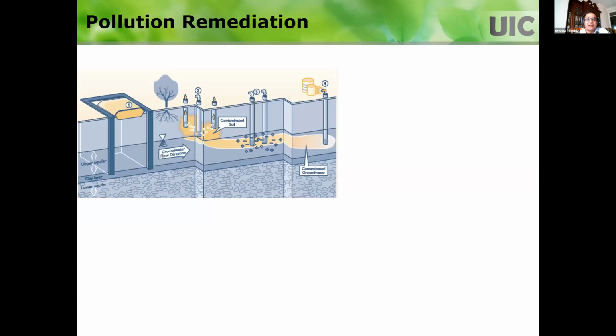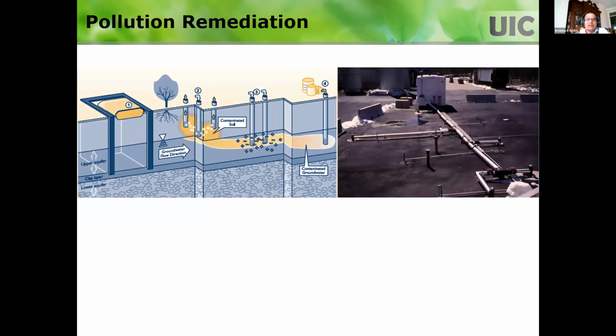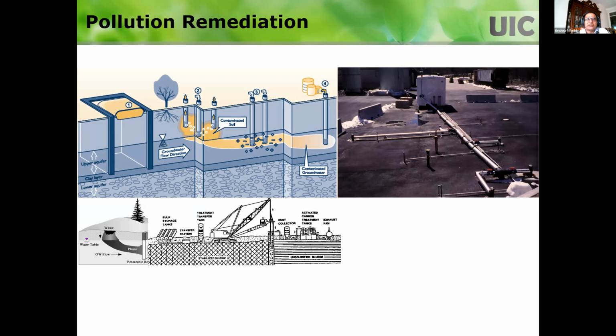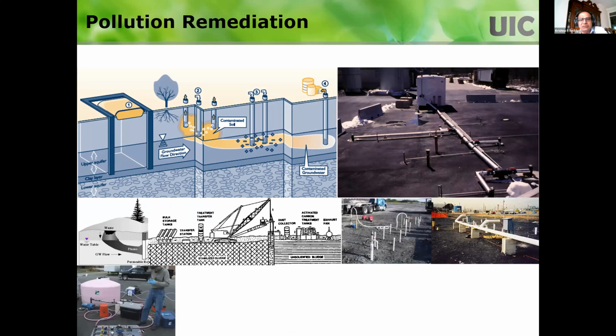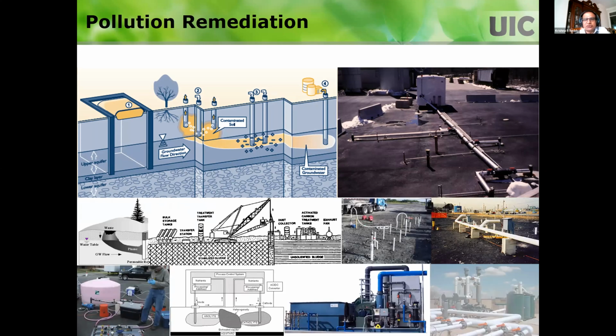Now, if you have a contaminated site, soil or groundwater, there are technologies that can be used to clean up this contamination. I'm showing just some pictures here. Different technologies can be implemented depending on whether the soil near the surface is contaminated, or the groundwater near the source is contaminated, or there's a dilute plume in the groundwater.